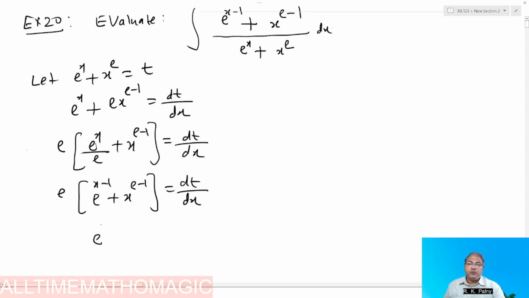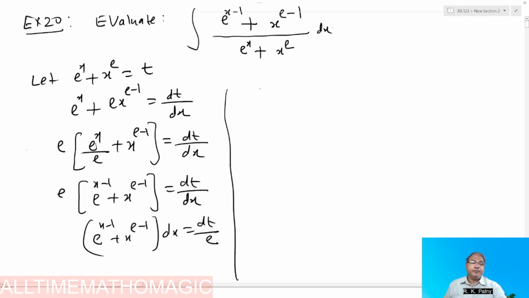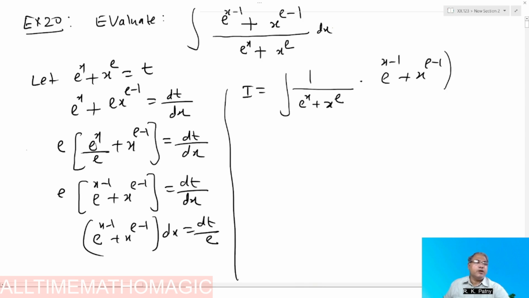Therefore, e raised to x minus 1 plus x raised to e minus 1 dx equals dt upon e. Therefore, the given question can be written as 1 upon e raised to x plus x raised to e into e raised to x minus 1 plus x raised to e minus 1 dx.